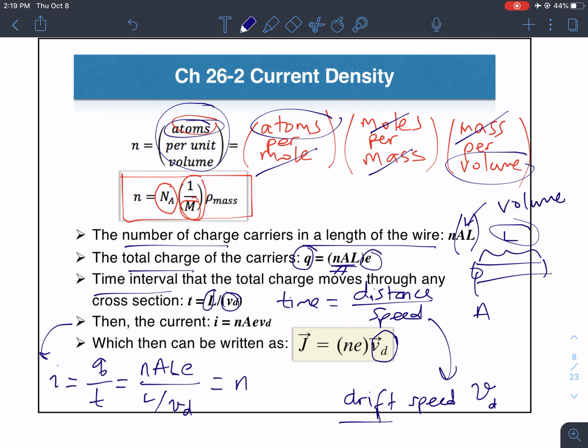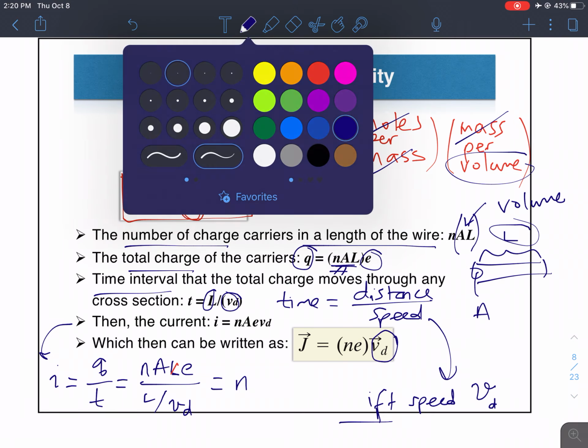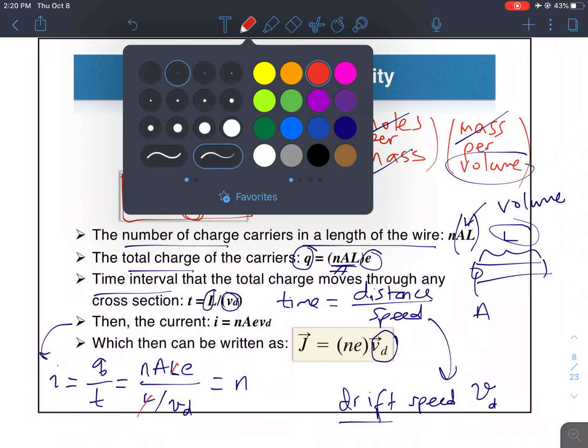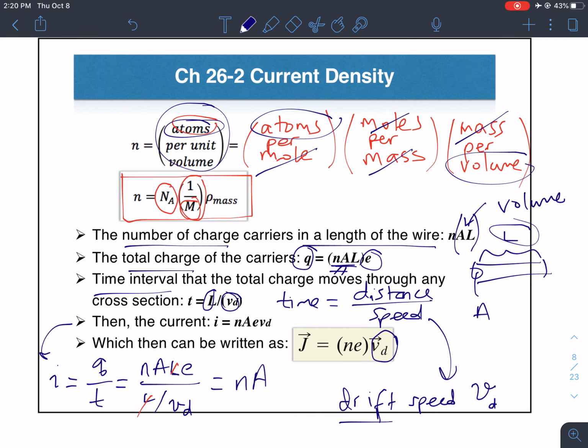Let me just fix this. I'm supposed to get rid of L. So we got rid of this L here, and we have n times A times e times drift speed, right?